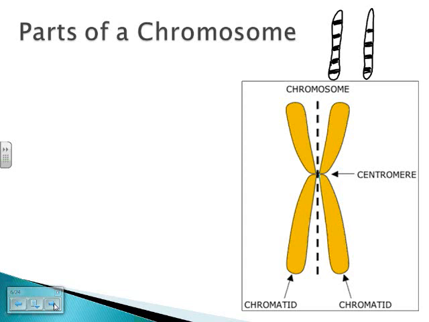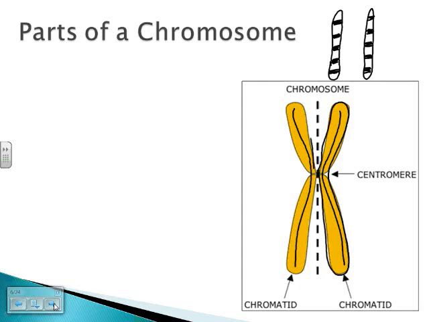But every now and then, you may come across an image that shows this structure. Each side of this would be one individual strand of DNA coiled up around histones, and another strand of DNA coiled up around histones. These two parts are going to meet and join together at a point called the centromere.